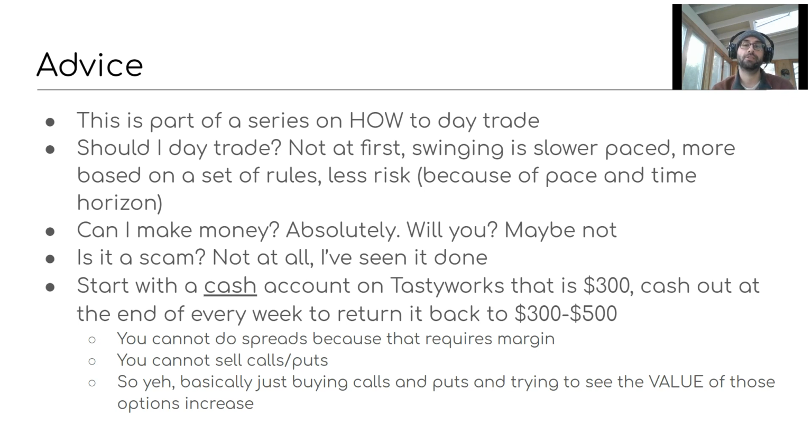On a cash account, you need the total value, and so they're just flat out not allowed, at least not on Tastyworks, and I don't think they're allowed on any other one. So yes, you can't sell calls or puts, you can't do spreads. Basically, you're just buying calls and puts and looking for the value of those options to increase.